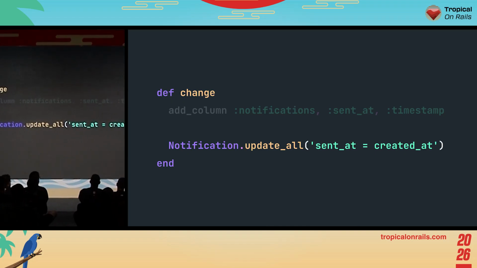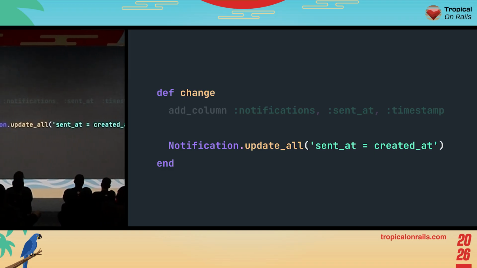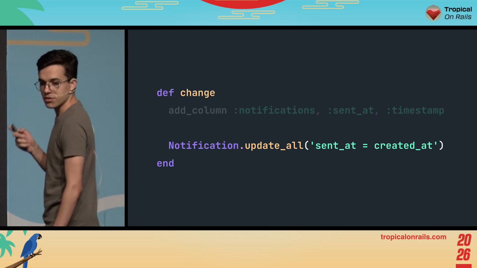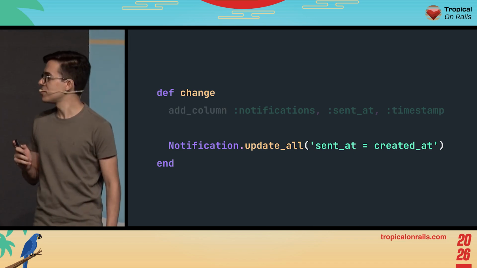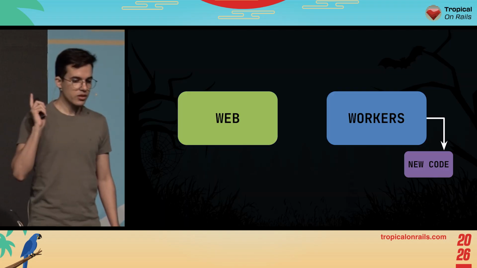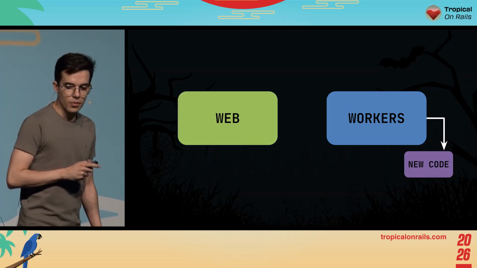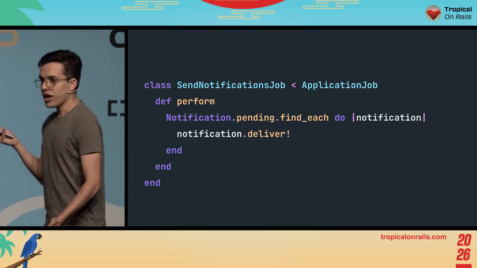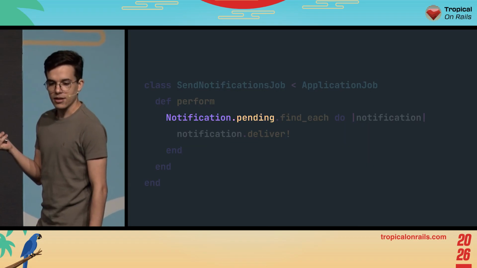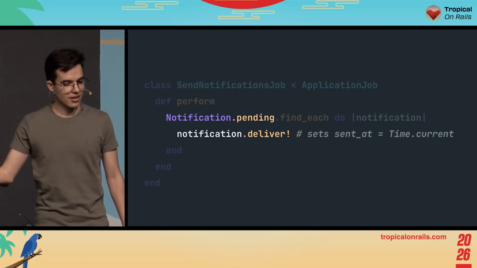What happened is, in production, there were millions and millions of records of notifications. So this line of code took a while to run. And eventually, the deploy was interrupted by a timeout. So now we have the workers running new code while the web server is missing the new column. And now we have code that reads that column, and we have code that writes to that column.